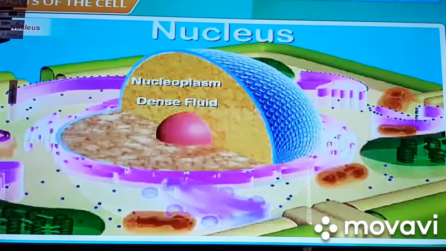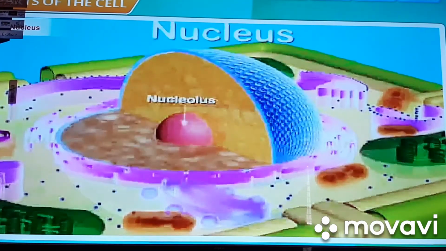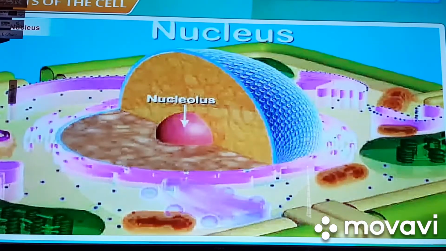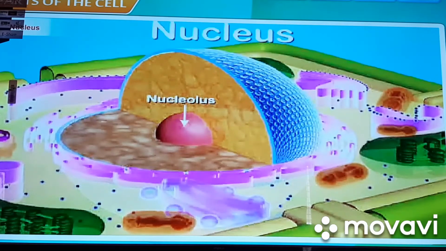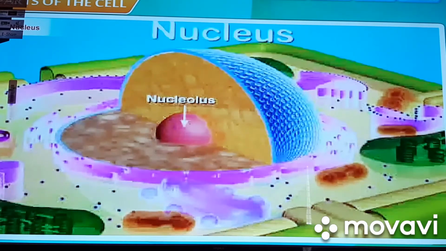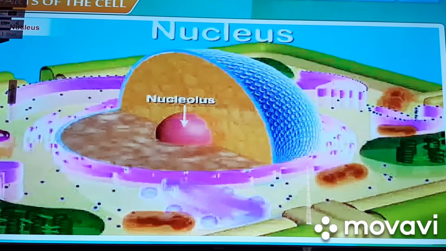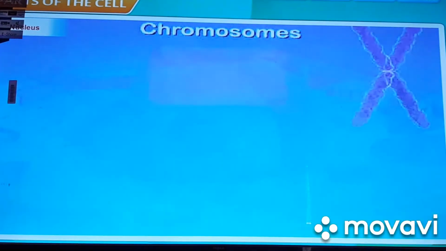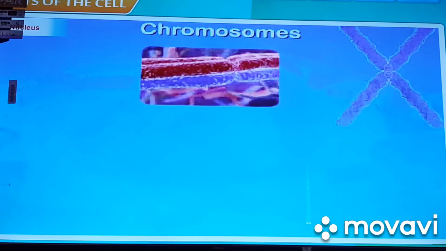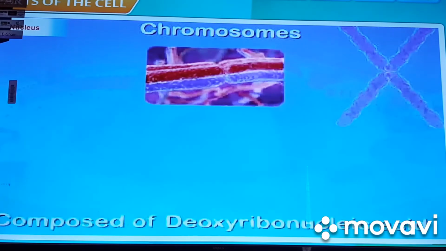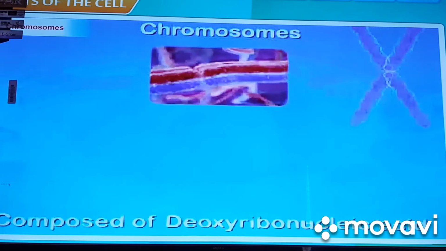It is a small spherical body present inside the nucleus. It is rich in RNA, ribonucleic acid. Chromosomes, some fine thread-like structures composed of deoxyribonucleic acid, DNA, are suspended in the nucleoplasm.